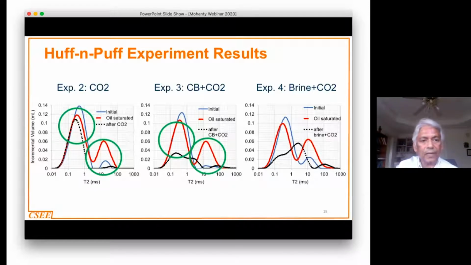But there is very little change in this section, or in smaller pores. Whereas if we use the chemical blend, we also change that. And when you use water, we don't change that as much. It still is fairly high. So by adding the chemical blend and CO2, we are removing some liquid from tighter pores.